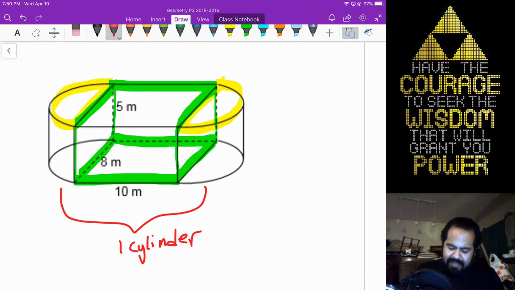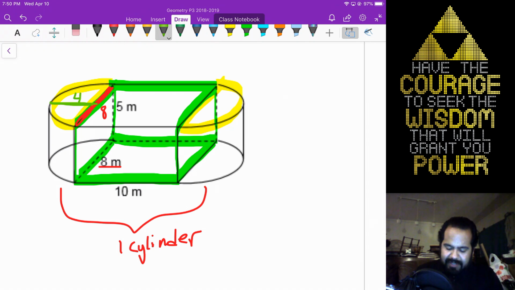Thankfully, this 8 down here can also be written here. So this length is 8. That 8 represents our diameter for the cylinder. So we're going to take half of it, and that'll give us our radius.